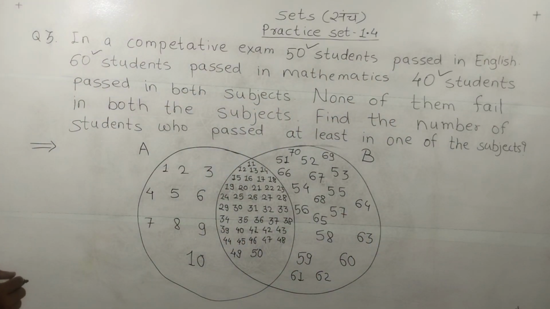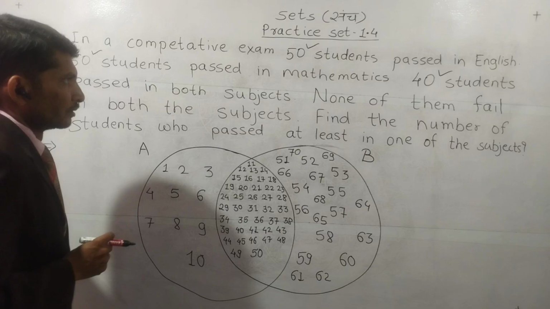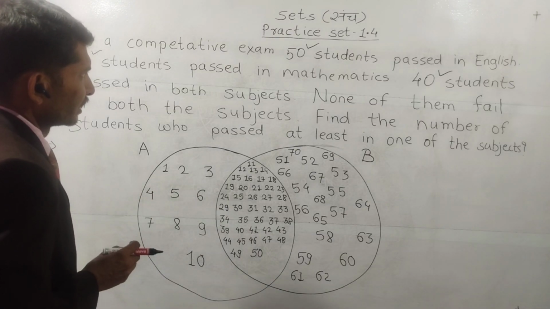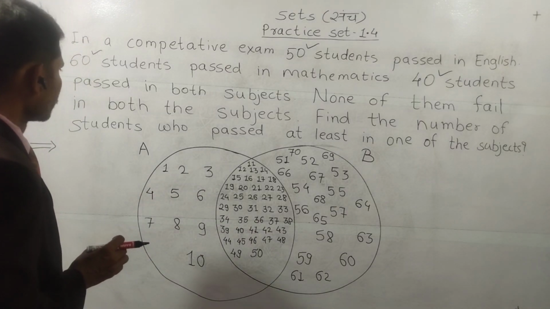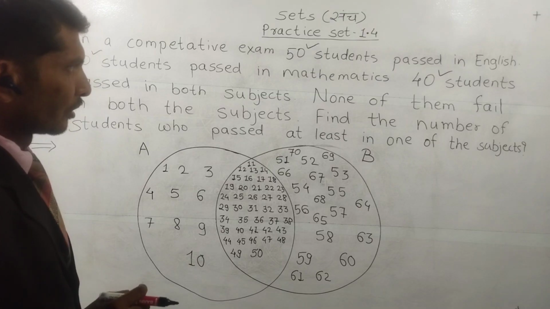Now, none of them failed in both the subjects. Find the number of students who passed in at least one of the subjects.